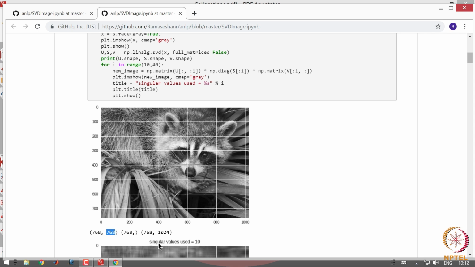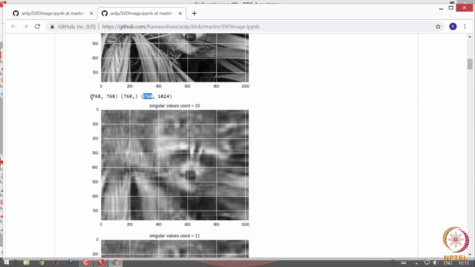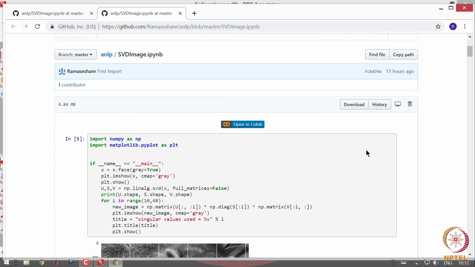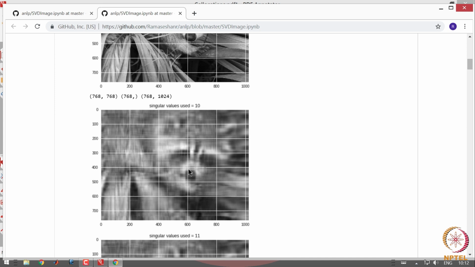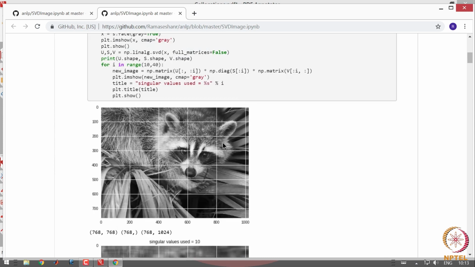This becomes 10, this becomes 10. I retain the rest of the shapes, so that at the end I will have 768 by 1024. So, I have just taken the first 10 sigma values.